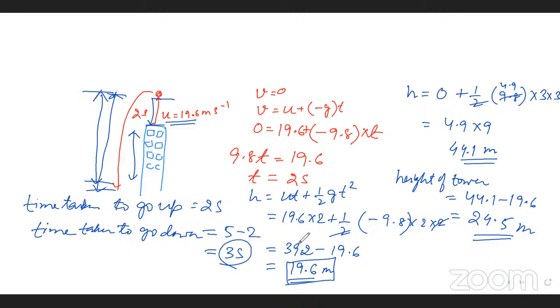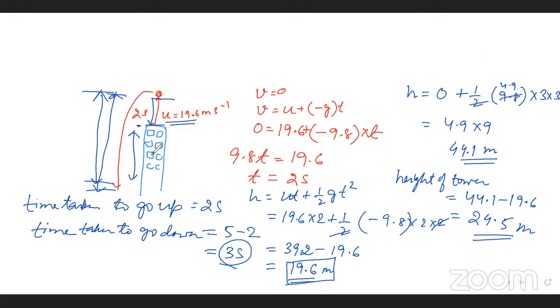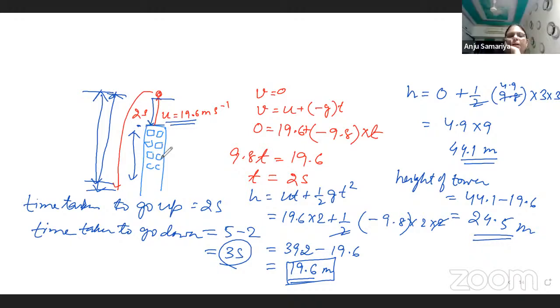Ma'am, I've done it in the 1 second method. You did the 1 second method? But how will you find it for 1 second? You cannot take 0, because this is at the midpoint. What did you do?